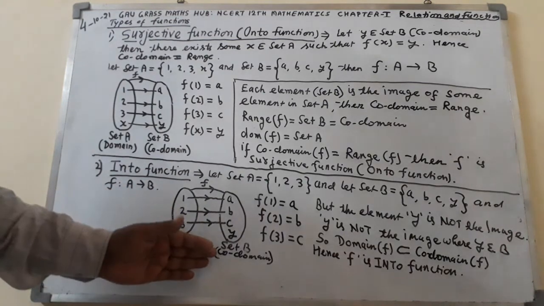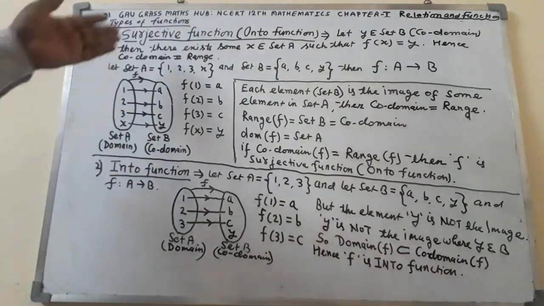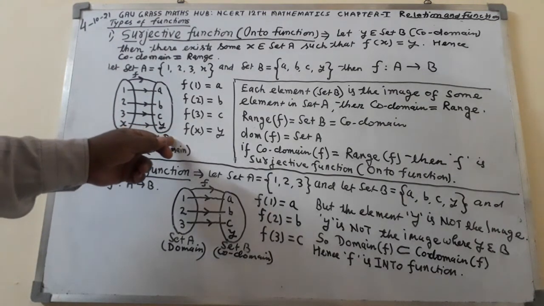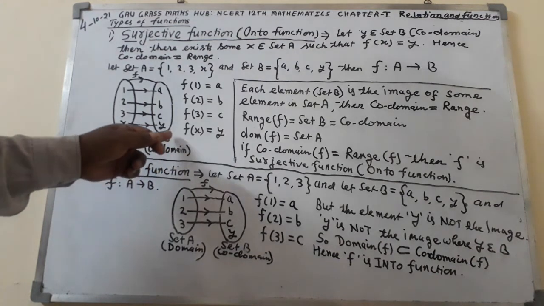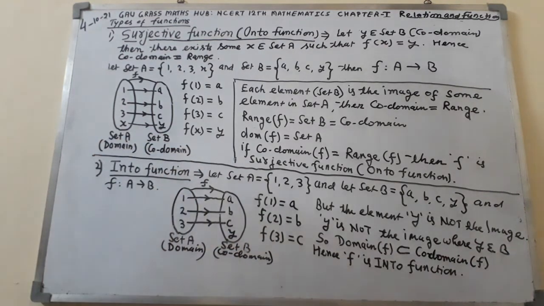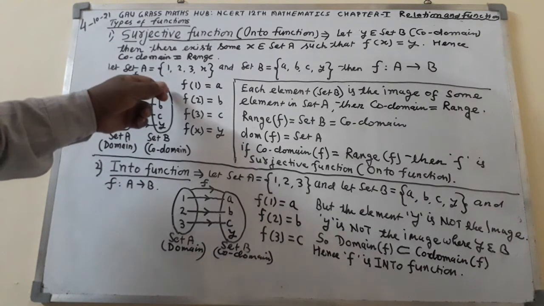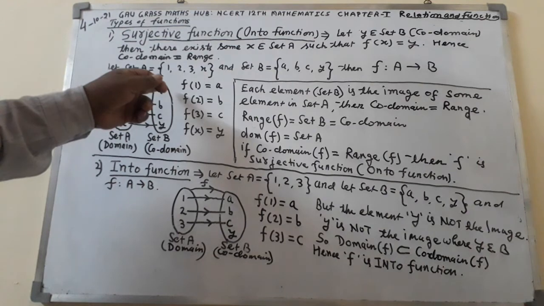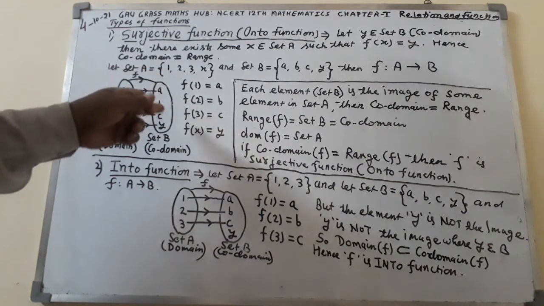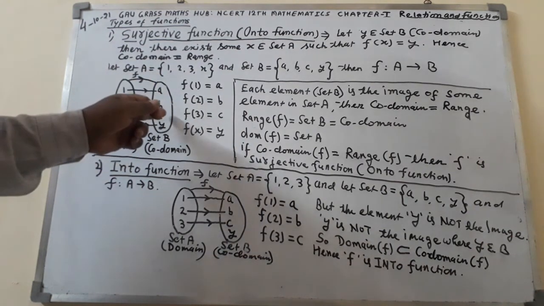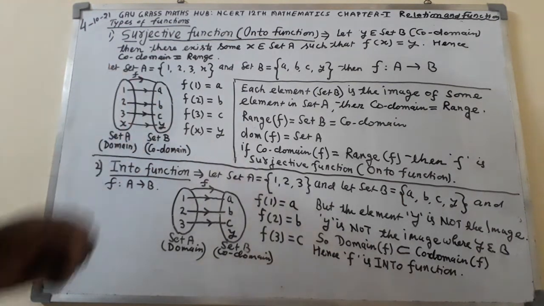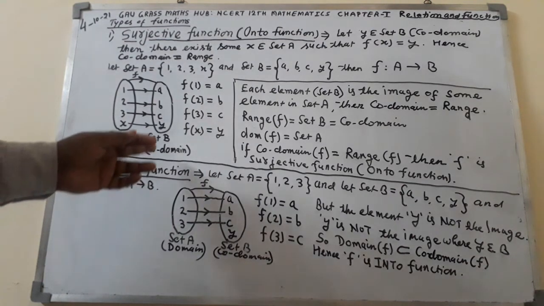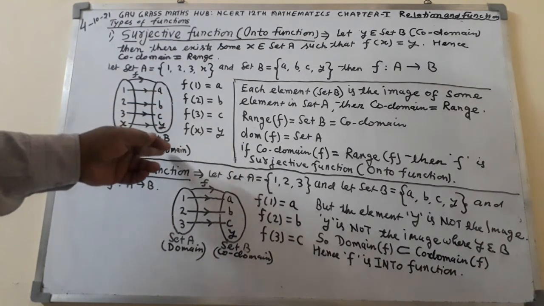What is the difference between into function and onto function? Here you can see set B, the codomain, is available. In the surjective function, a is the image, b is the image, c is the image, and y is the image. In the surjective function, a, b, c, y all belong to set B, the codomain.